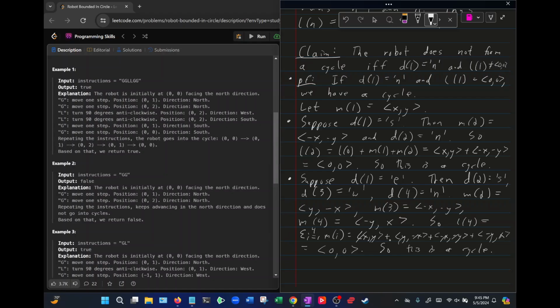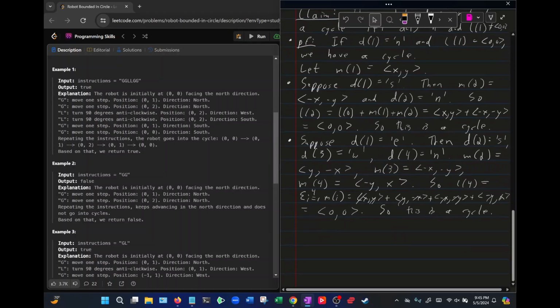So what we have here is there is a natural number k such that k is greater than 0, L of k is the origin, and d of k is n. And so that's the sufficient condition for this being a cycle.